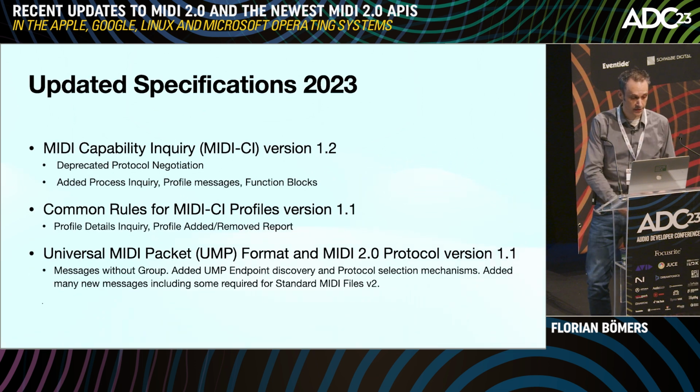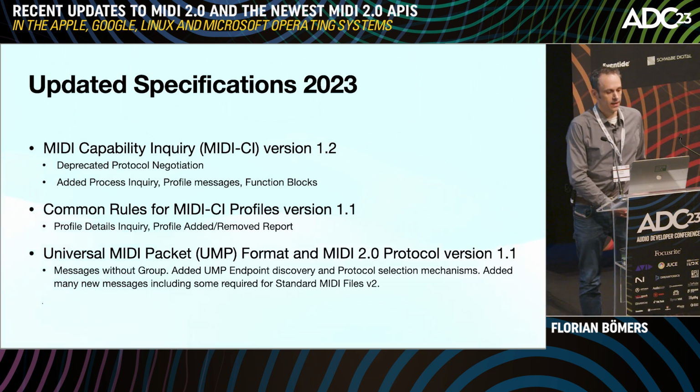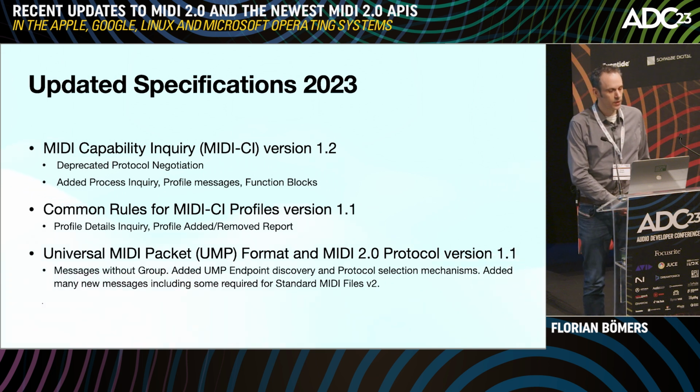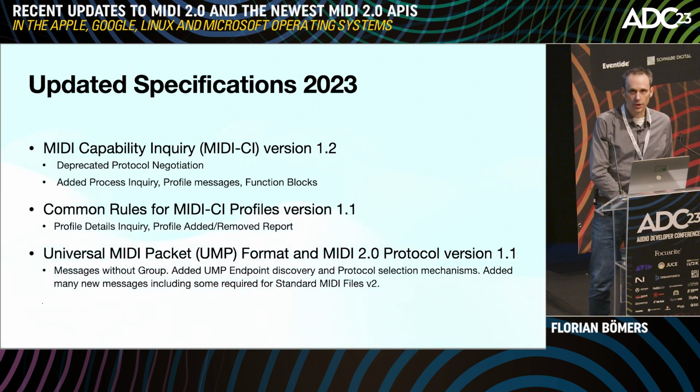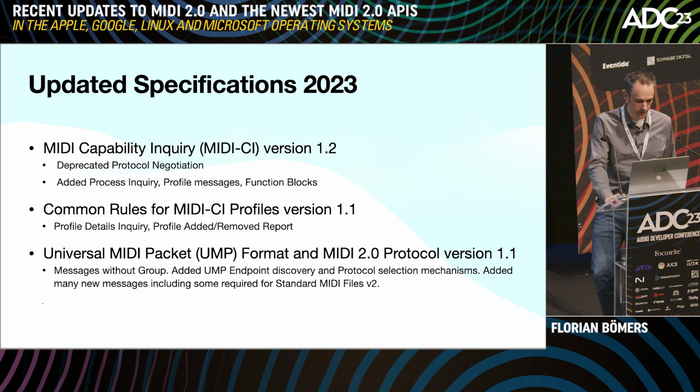So this year, a couple of specifications were updated. The MIDI CI specification is now in version 1.2. We deprecated protocol negotiation, and that was moved to UMP, and also added a couple of new features: process inquiry, some more profile messages, and function blocks.